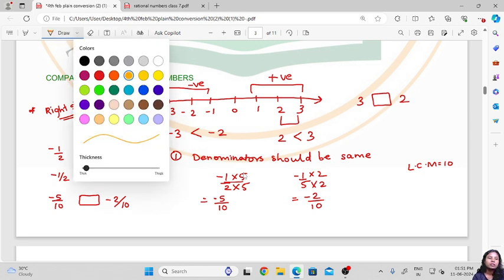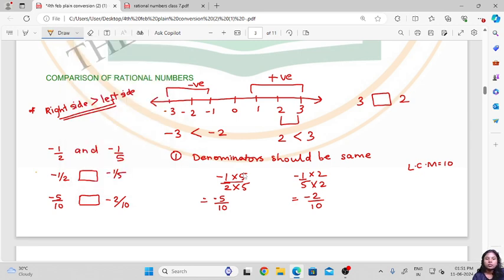Now what we said here was that the numbers on the right side are always greater than the numbers on the left side. Since our denominators are the same, if we draw a number line, we'll start with 0 by 10, 1 by 10, 2 by 10, 3 by 10, 4 by 10 and 5 by 10.